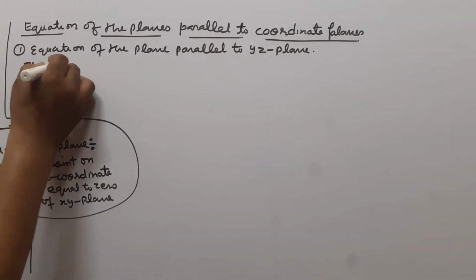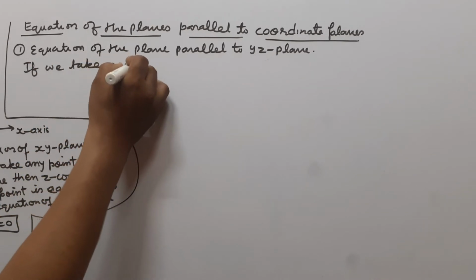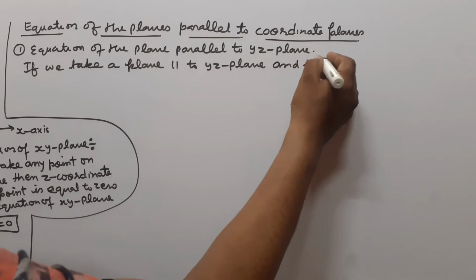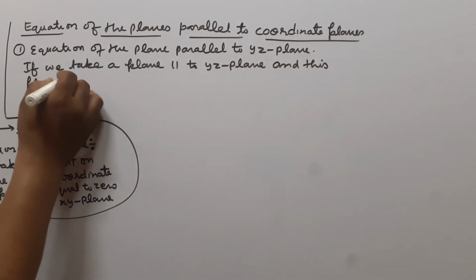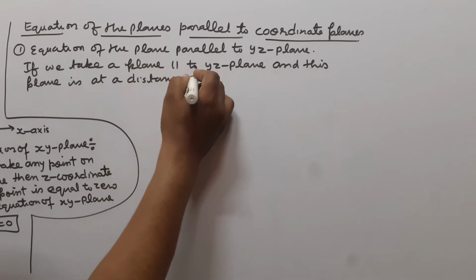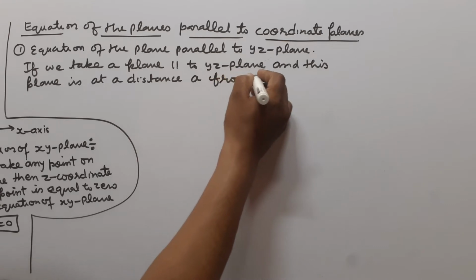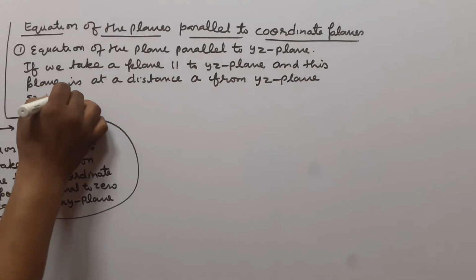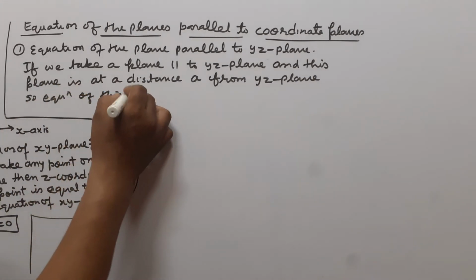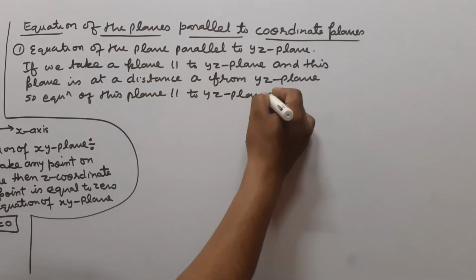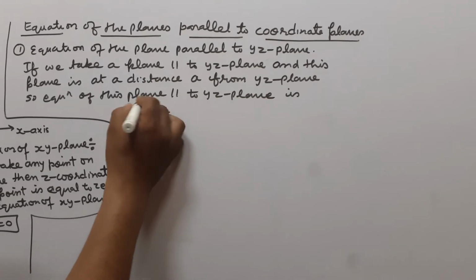If we take a plane parallel to the yz plane and this plane is at a distance a from the yz plane, so the equation of this plane parallel to the yz plane is x equal to a.